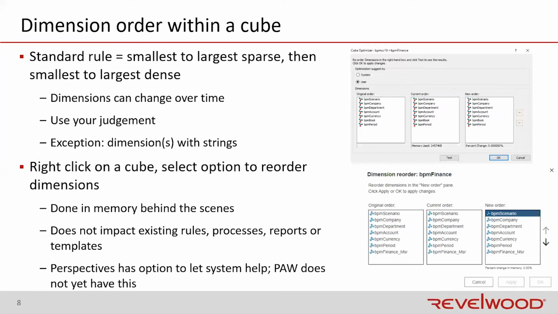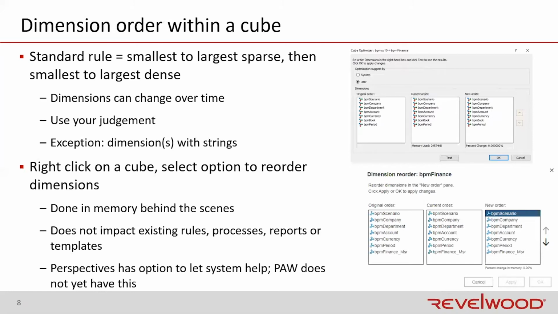One exception to that rule, strings, text. By default, Planning Analytics and TM1 are numeric consolidation tools. So by default, it's designed to build equal sum formulas. However, the strength of TM1 is that I can put text, I can put words directly into the database.